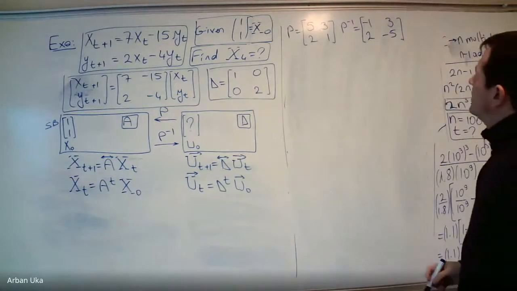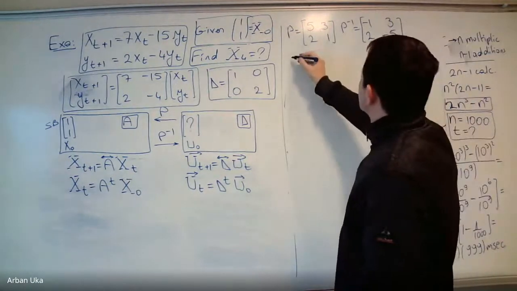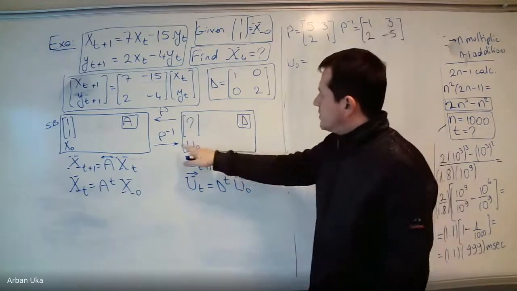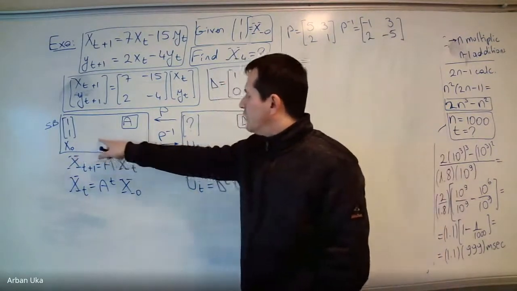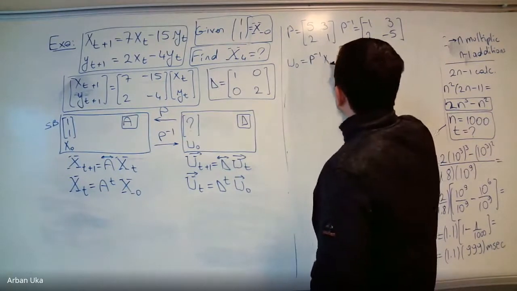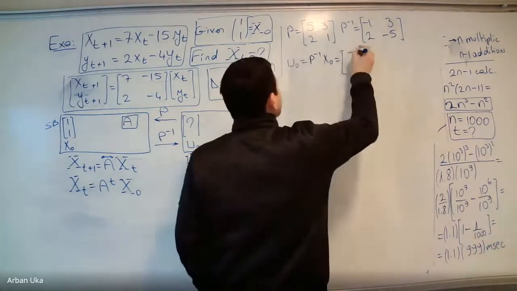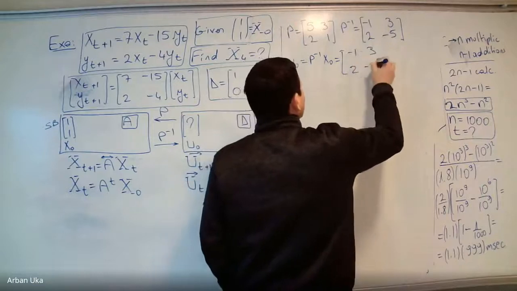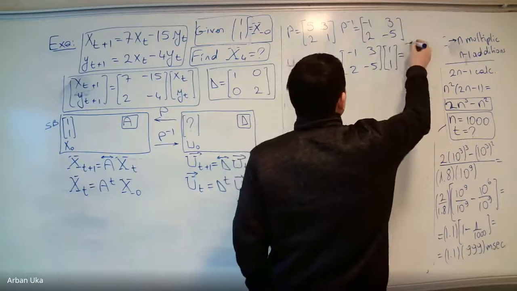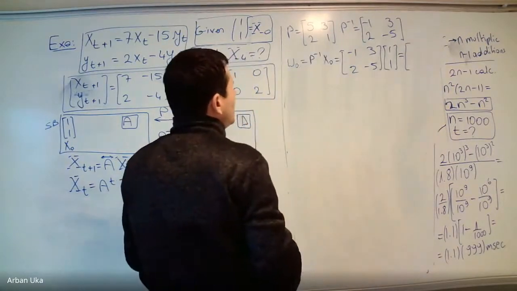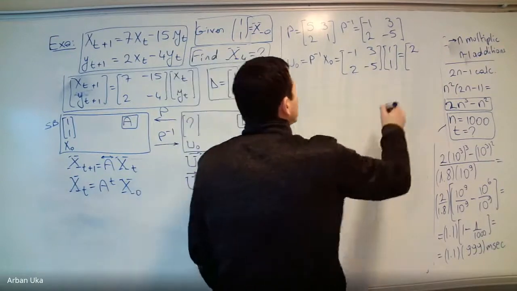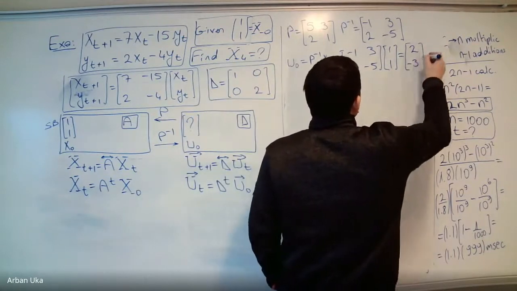Okay, so if we have these, then we can say the following. We can say that U0 will be equal to P inverse times x0, which will be equal to -1, 3, 2, -5 times 1, 1. And this is equal to 2, and the other value is -3.